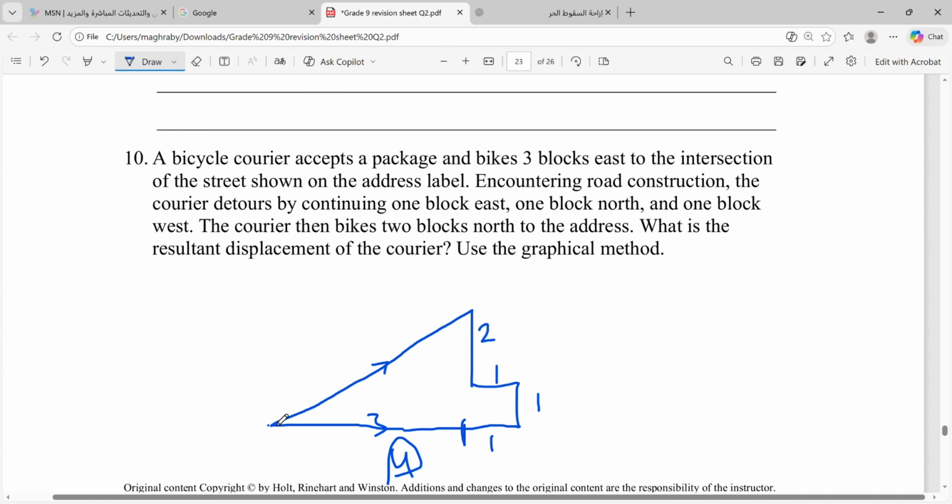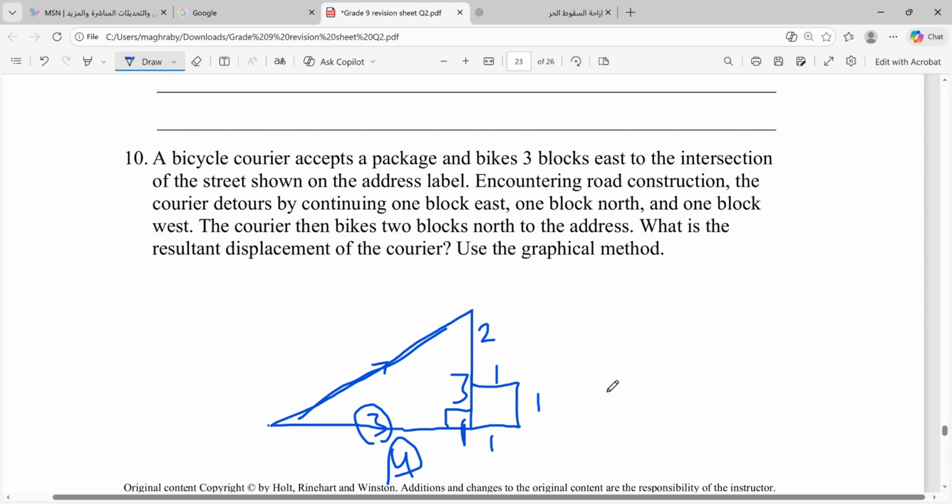In order to get this one, we have to apply the Pythagorean theorem. Match this one to get the right angle. This side is 3 because here we have 2 and this part is 1, so this part is 3. And this part is also 3. So how can you get this part?